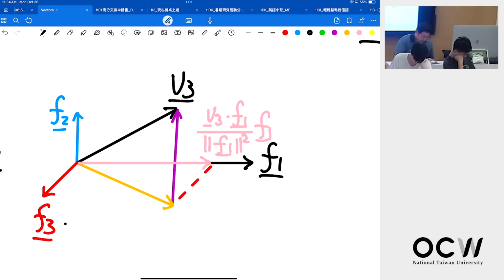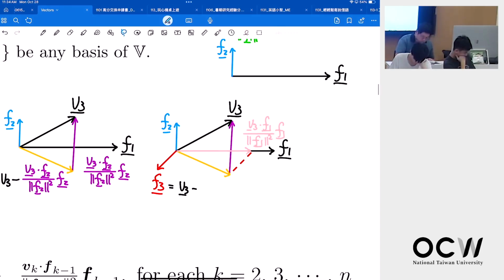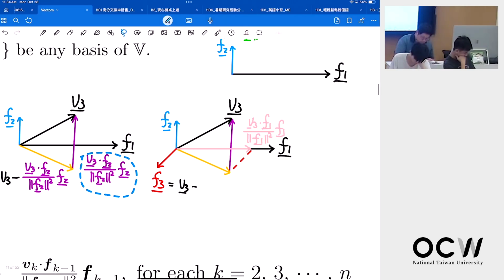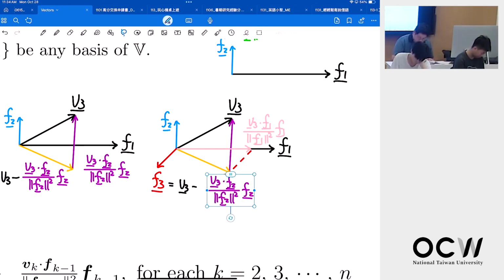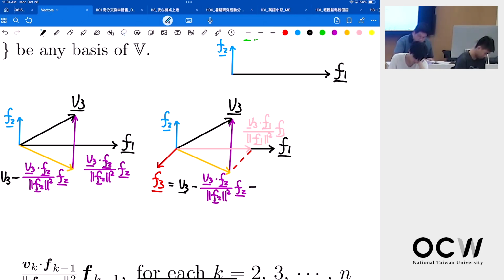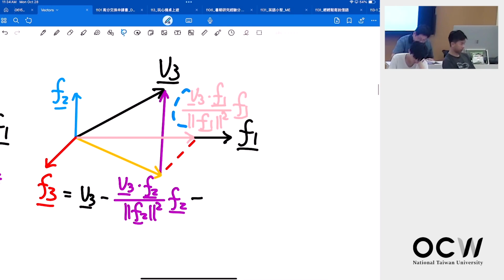Then my F3 will be my v3 minus that, and then minus the other; let me just finish this first.